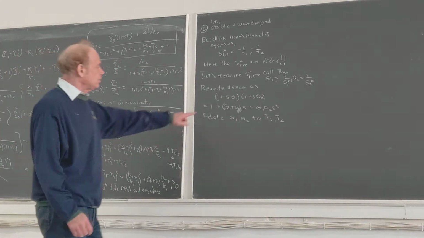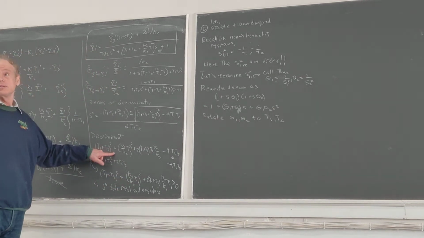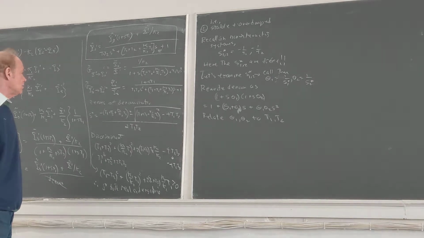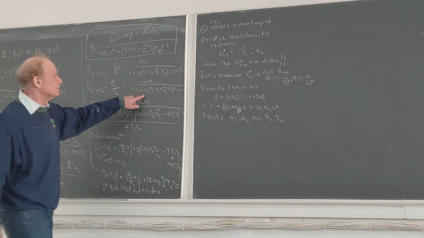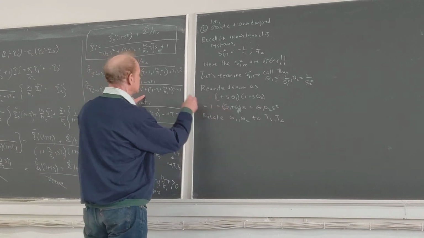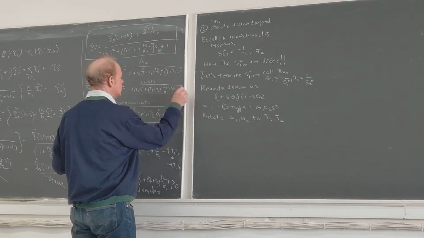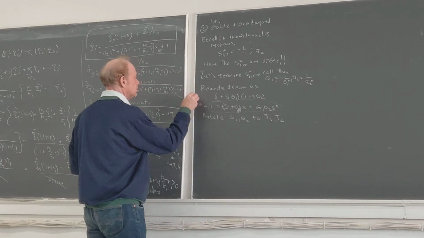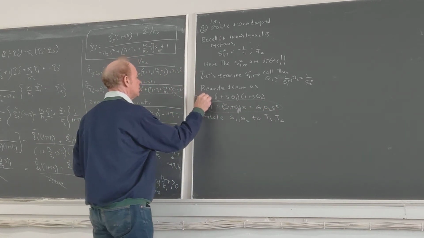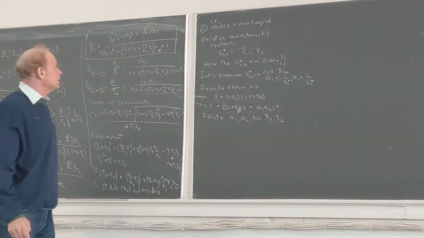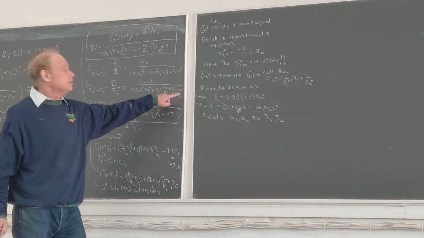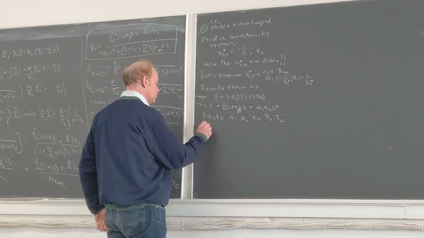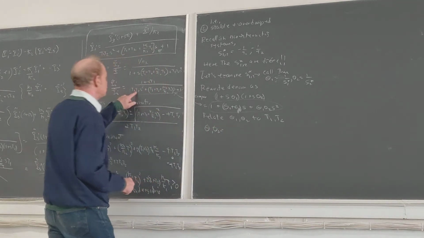So let's compare this equation with the denominator, with this equation. Let's compare. So let's notice I have a 1. And the coefficient of S squared, theta 1 theta 2, is equal to T1 T2.